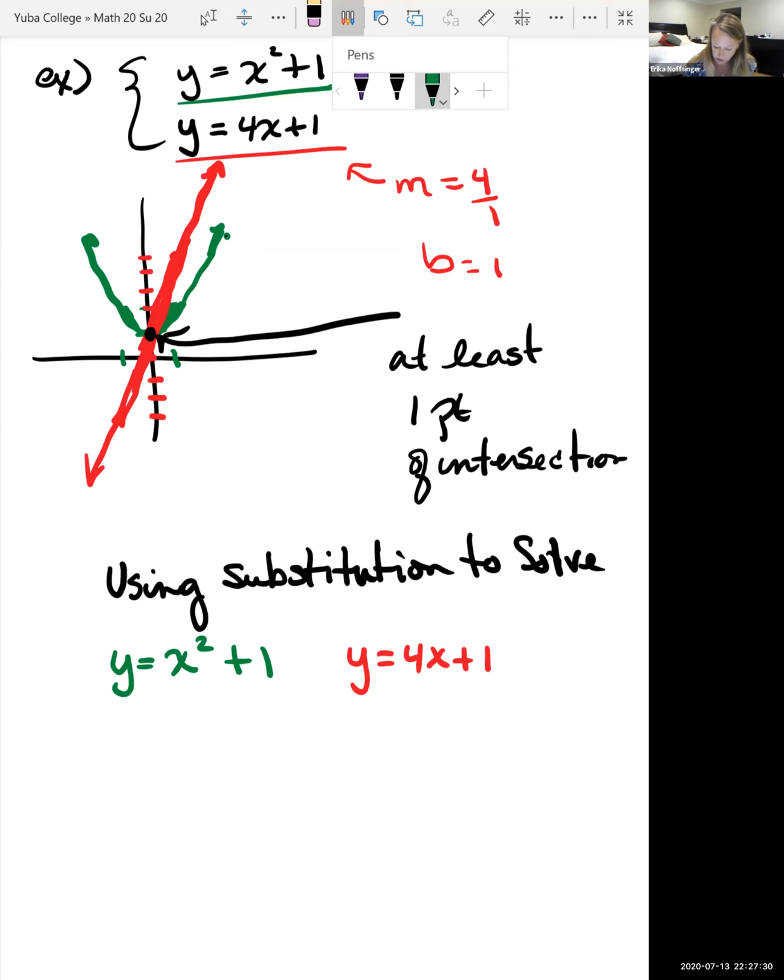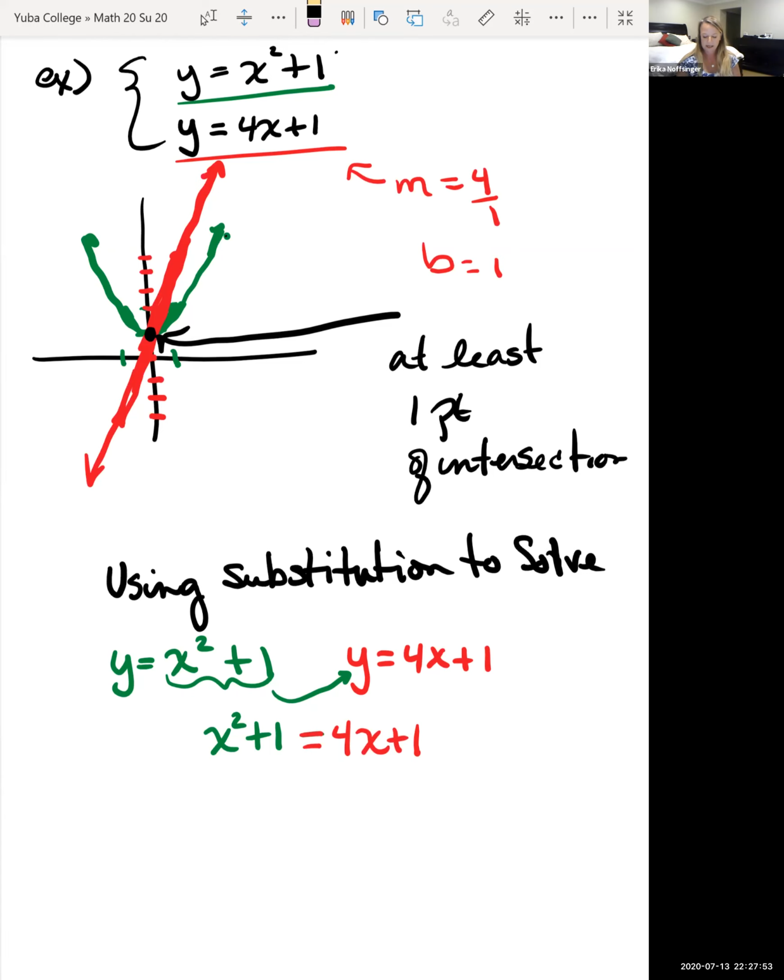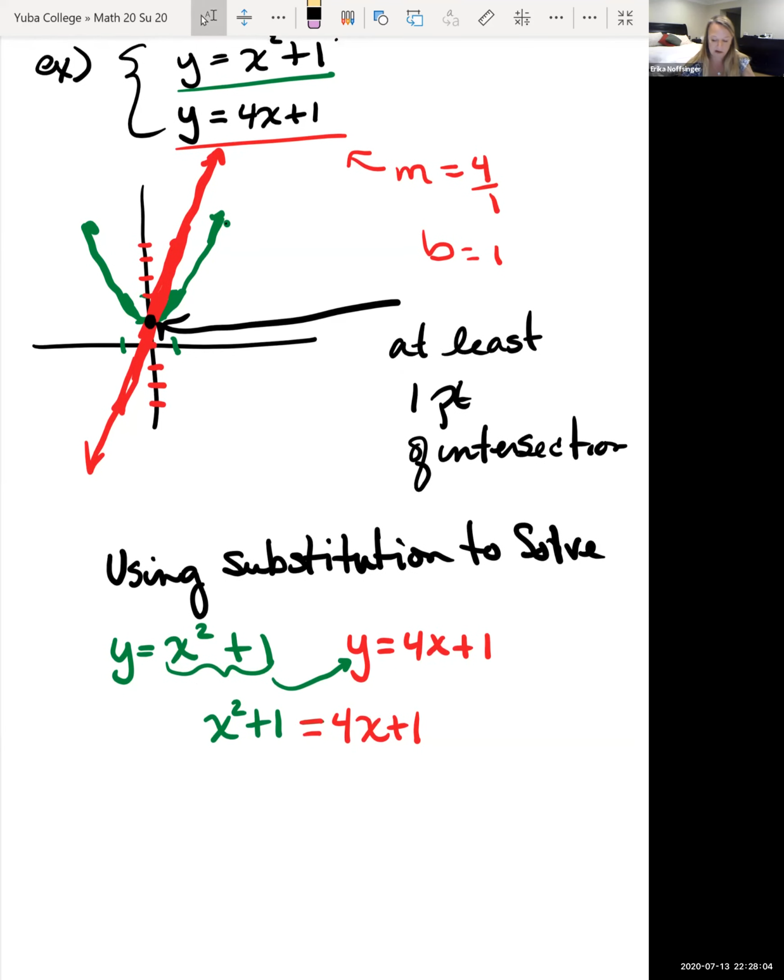So we're looking at when is x squared plus 1, substituting this in wherever I see a y, equal to 4x plus 1. So using substitution, then you need to decide how you're going to solve for the remaining variable. How we're going to solve for that remaining variable depends really on what type of equation we have.